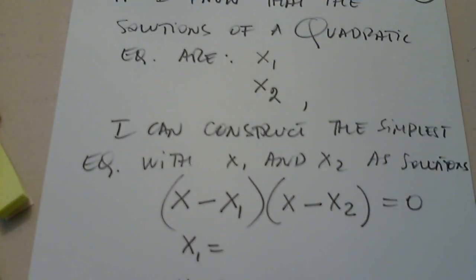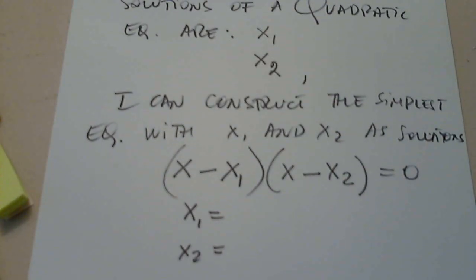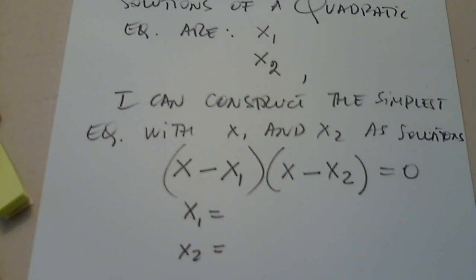So give me two solutions that you want me to work with, and then I'll show you how to construct back, going backwards, how to construct the equation. Any two numbers you want me to work with. Any numbers?